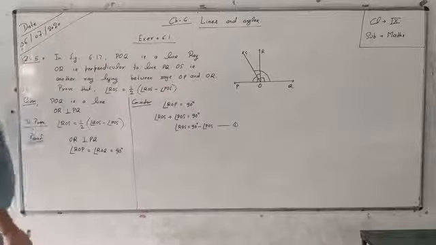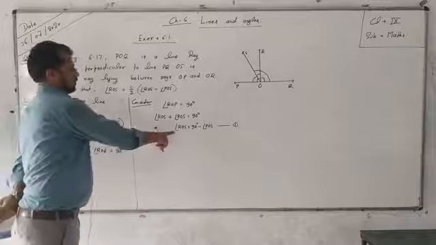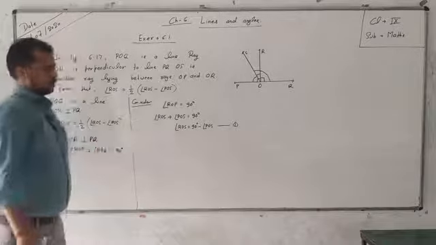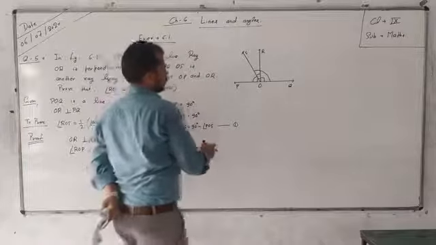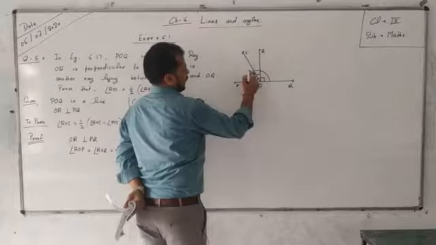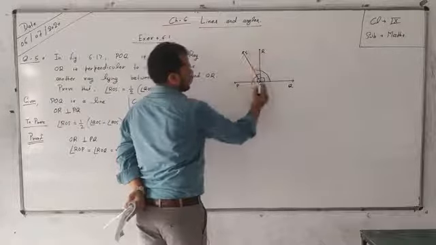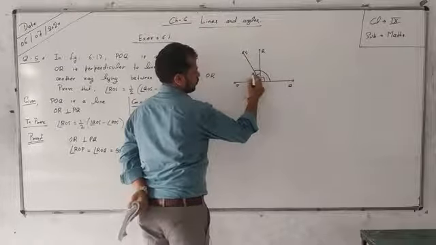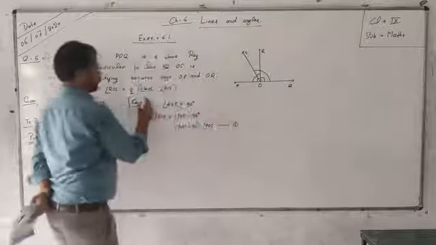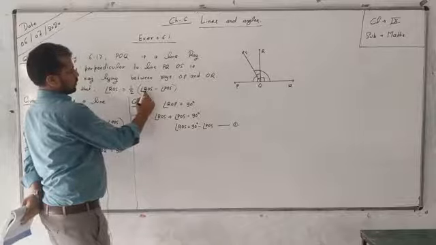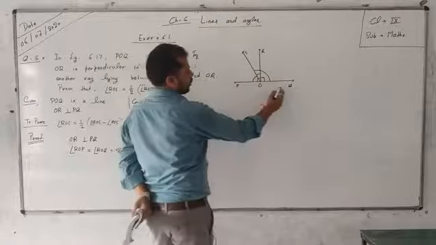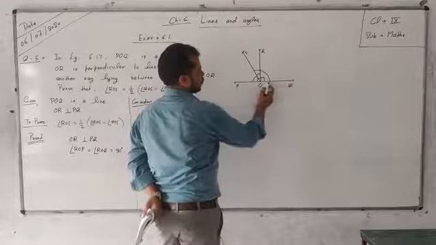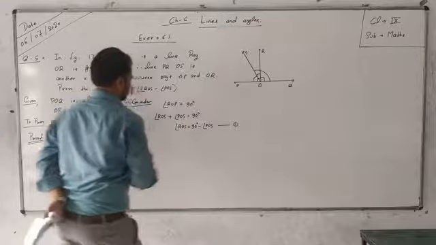Okay? Angle ROS is obtained, but now you have to proceed for angle SOQ, means this angle, because in proving you have to consider angle QOS also. So now we are going to consider angle QOS.